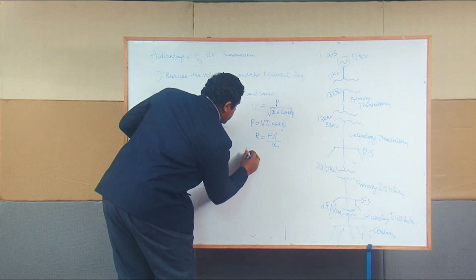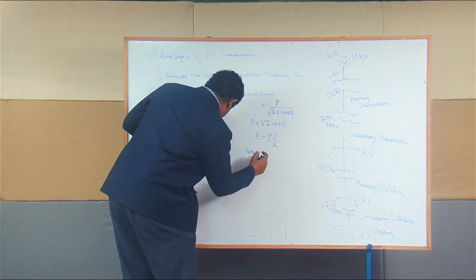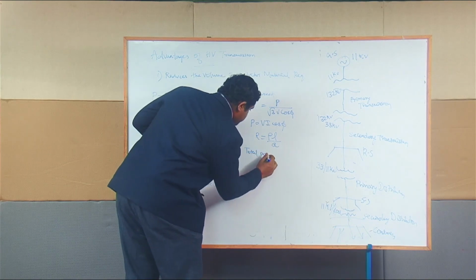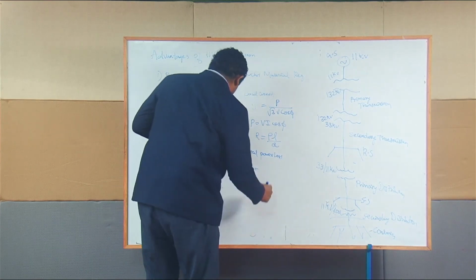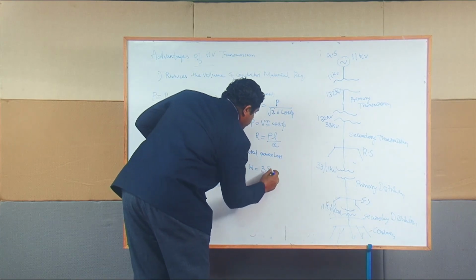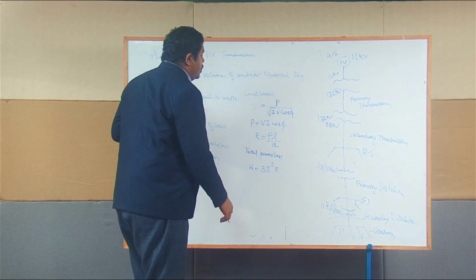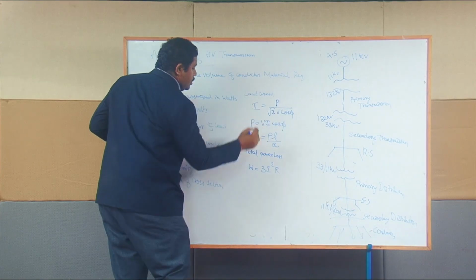Then what is the total power loss? W is equal to 3 into I square R. So, we know the value of I, substitute here.